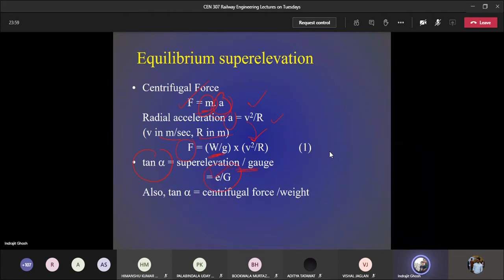E is the super elevation or cant, G is the gauge that we have for the track. Tan theta can also be seen from the photo as the ratio of centrifugal force F divided by the weight.